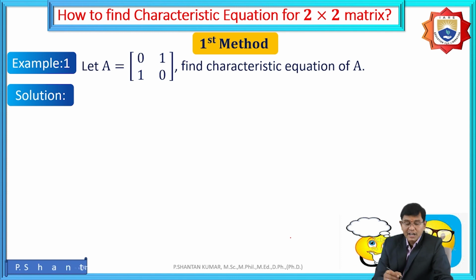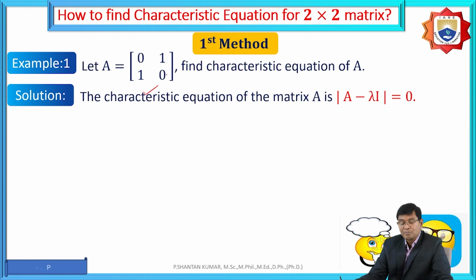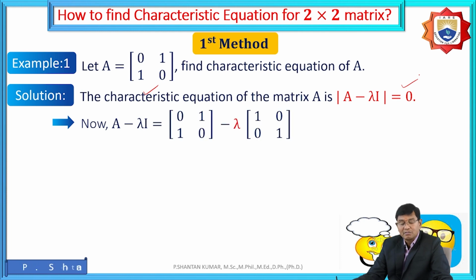Here A is already given as the matrix 0, 1, 1, 0. First find A minus lambda I, that is A, 0, 1, 1, 0, minus lambda times the matrix 1, 0, 0, 1.